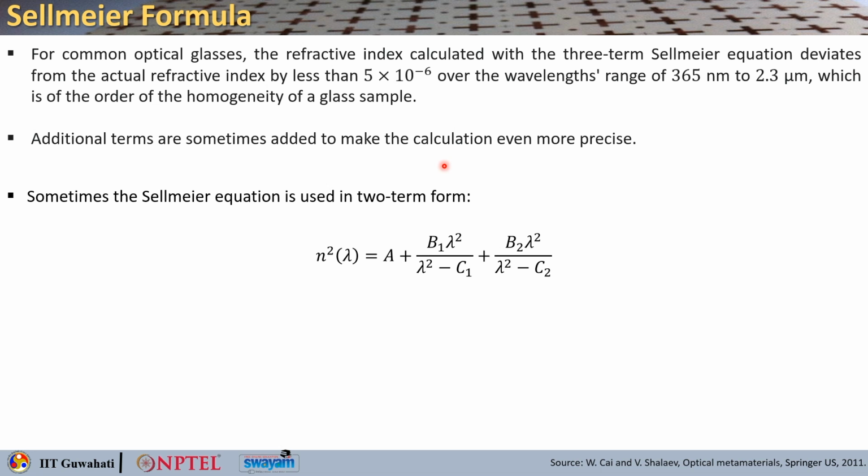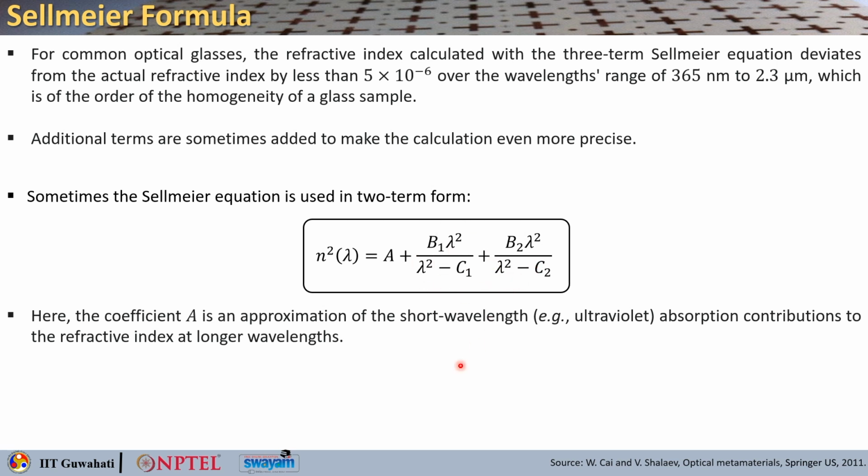But sometimes you will see the Sellmeier equation is also used in 2-term form. In that case n square lambda can be simply written as a plus b1 lambda square divided by lambda square minus c1 plus b2 lambda square divided by lambda square minus c2, right. So, you will have only 2 terms here.